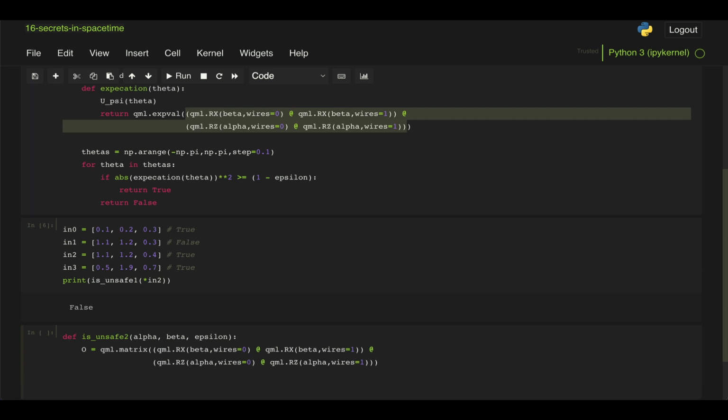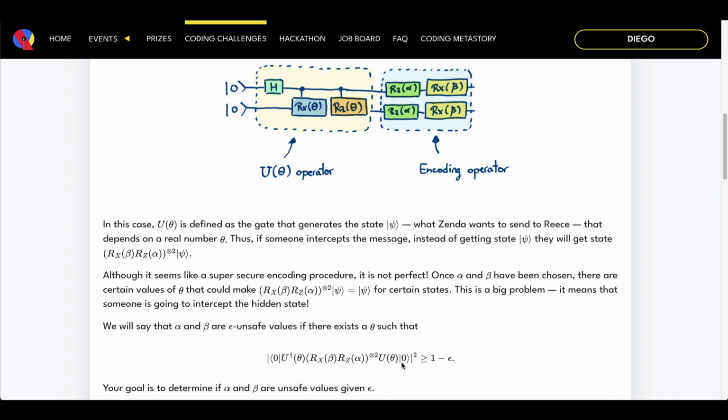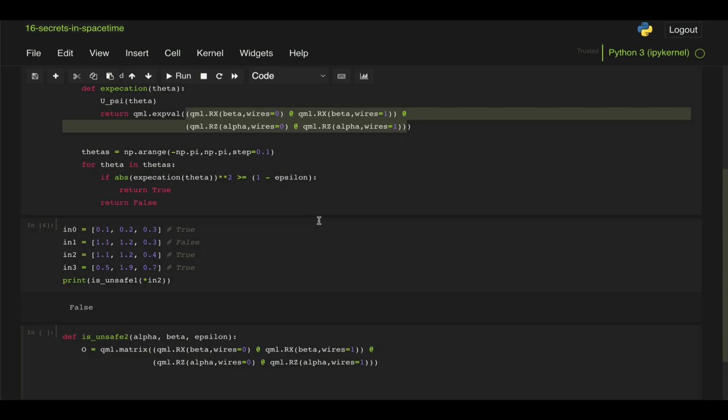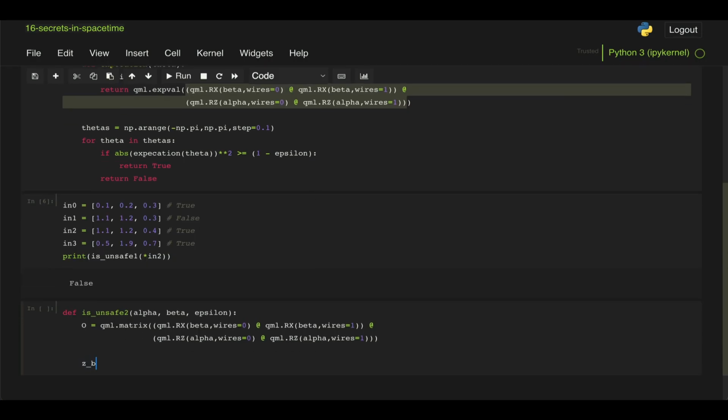And then since we're doing this by multiplying matrices, I need to also create the ket and bra versions of this state vector, or the all zero state, right? So I can do that by just defining a numpy array for that, which represents the all zero state. And then the ket is just the transpose of the bra. I don't need to take the conjugate of it because all values are real, right?